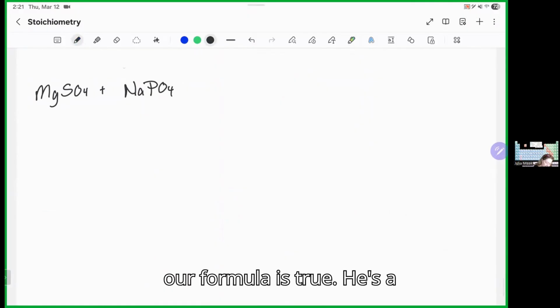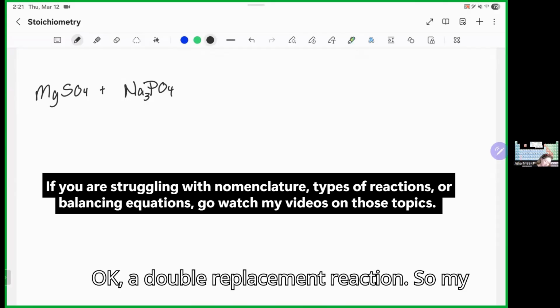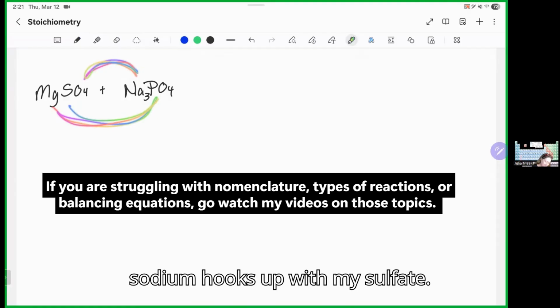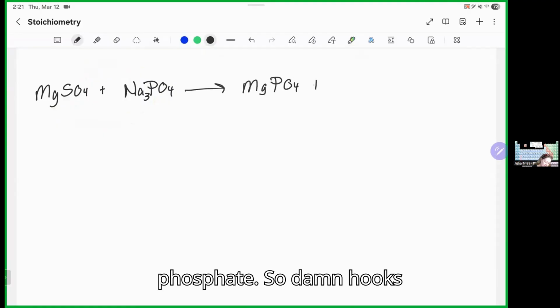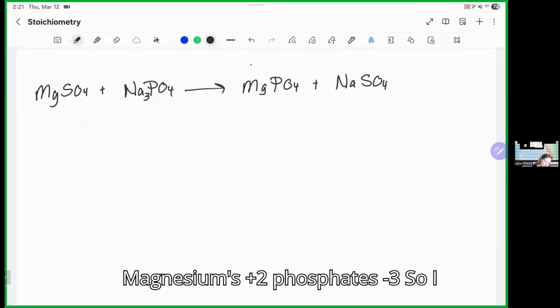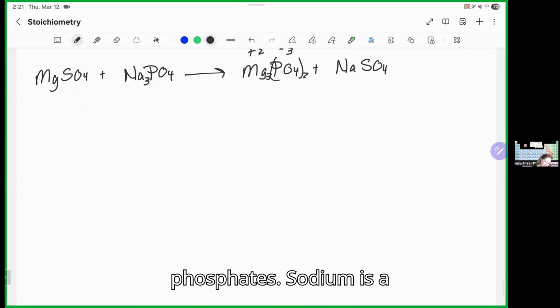So remember balancing equations to make sure our formula is true. Sodium is a +1, phosphate is -3, so I need 3 sodiums. Okay, a double replacement reaction. So my magnesium hooks up with my phosphate and sodium hooks up with my sulfate. Magnesium's +2, phosphate's -3, so I need 3 magnesiums, 2 phosphates.